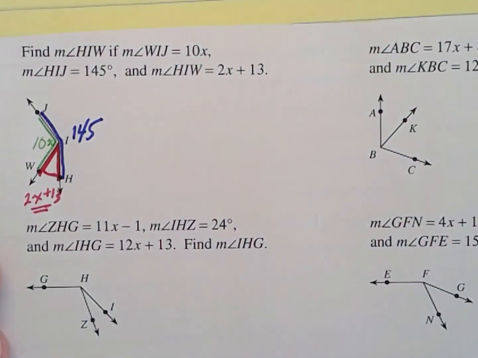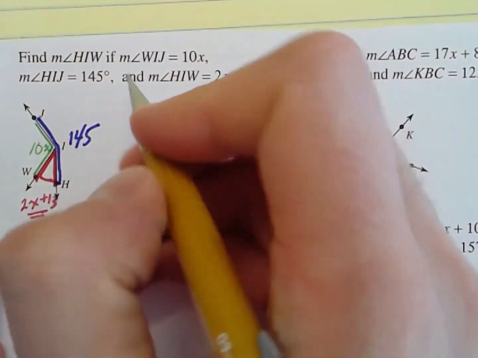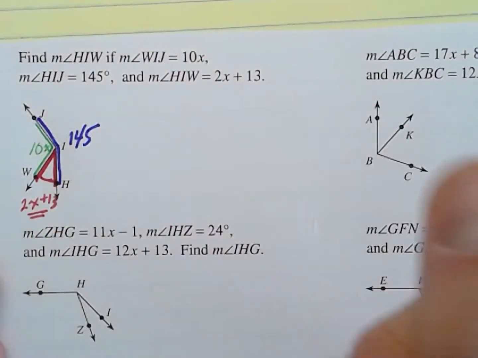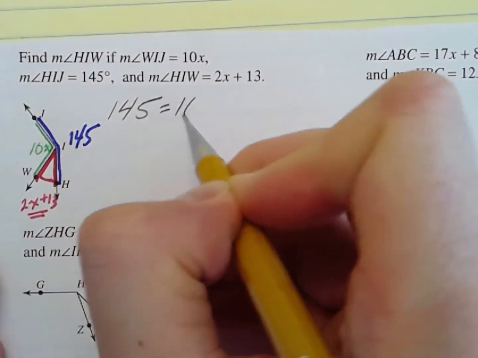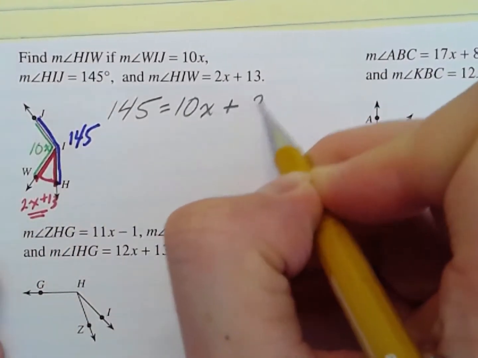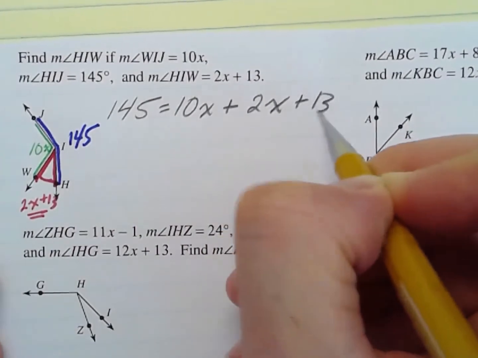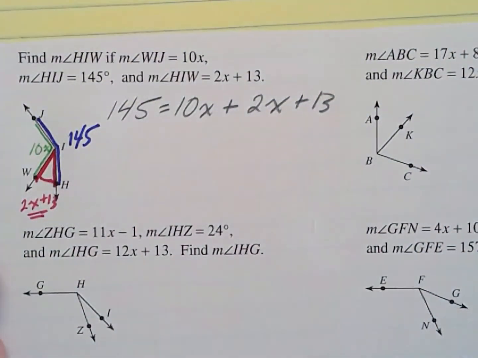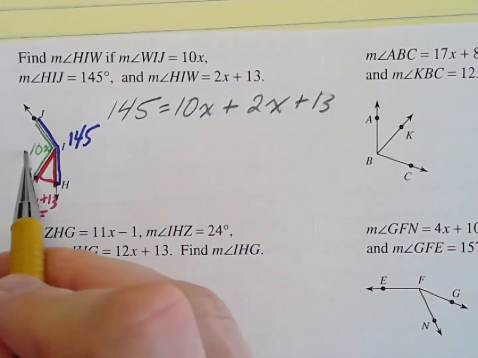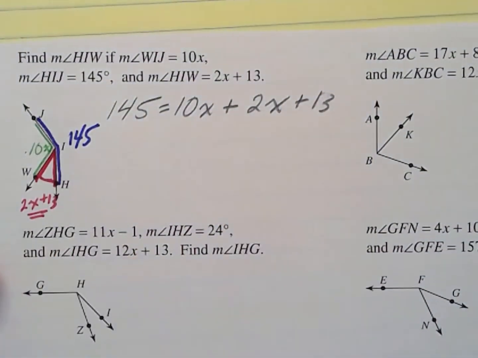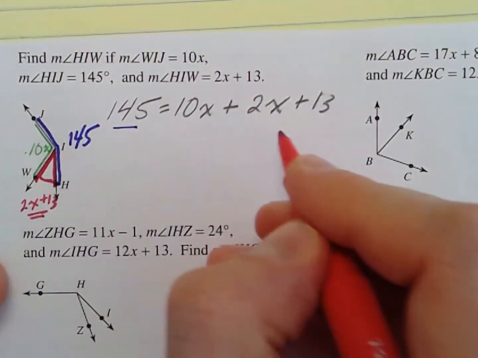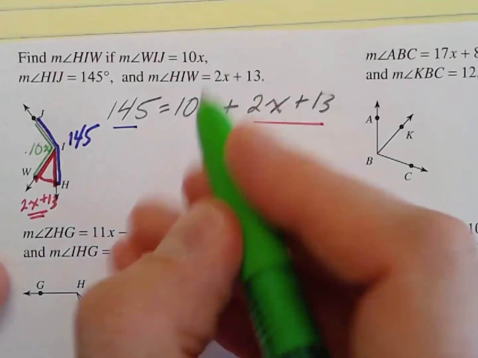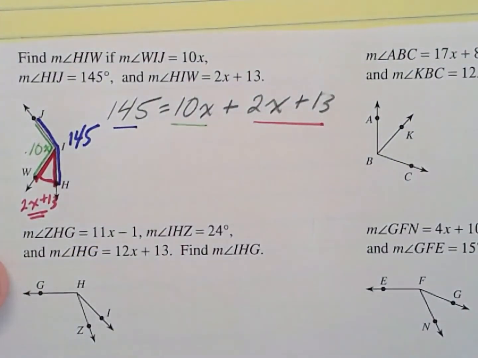So 145 is the same as the 10x plus 2x plus 13. See what I did there? I'm just adding the red angle and the green angle together, and I get the blue angle. So here's the blue angle, here's the red angle, and here's the green angle right there. That's all I'm doing.